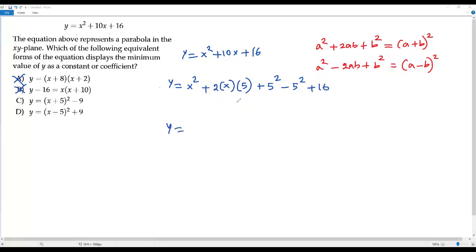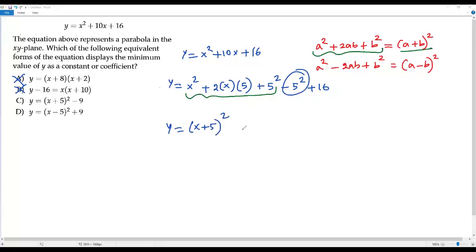Now y equals, and this particular expression, x squared plus 2 times x times 5 plus 5 squared, is exactly in the form a squared plus 2ab plus b squared. Instead of a we have x, and instead of b we have 5. So for a squared plus 2ab plus b squared, we can write (a plus b) whole squared. For x squared plus 2 times x times 5 plus 5 squared, we can write (x plus 5) whole squared.